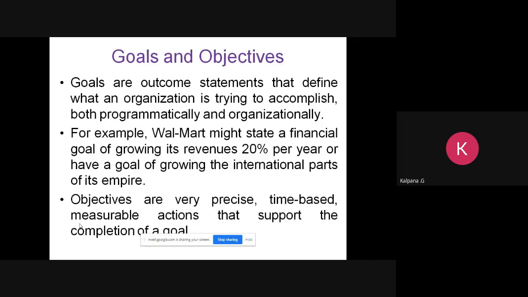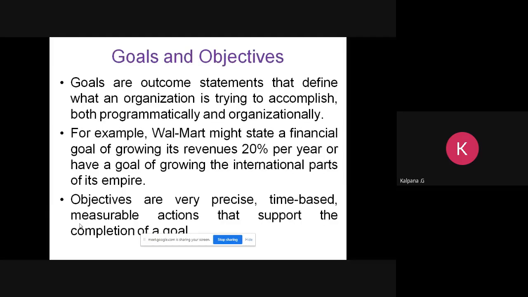In terms of goals, Walmart might state a financial goal of growing its revenue 20% per year, or a goal of growing the international parts of its empire, like spreading into different countries. These would be called goals.